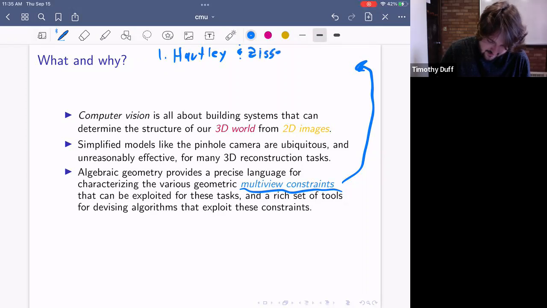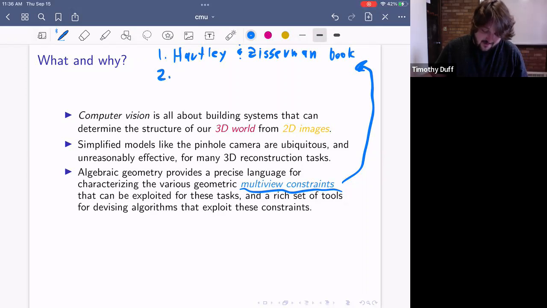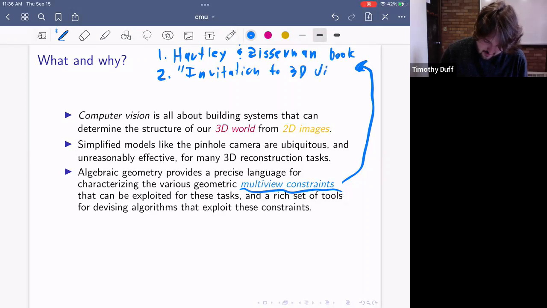Its title is Multiple View Geometry. And there's another book that deals with very similar topics called Invitation to 3D Vision, by Ma and a few other co-authors whose names I don't recall.